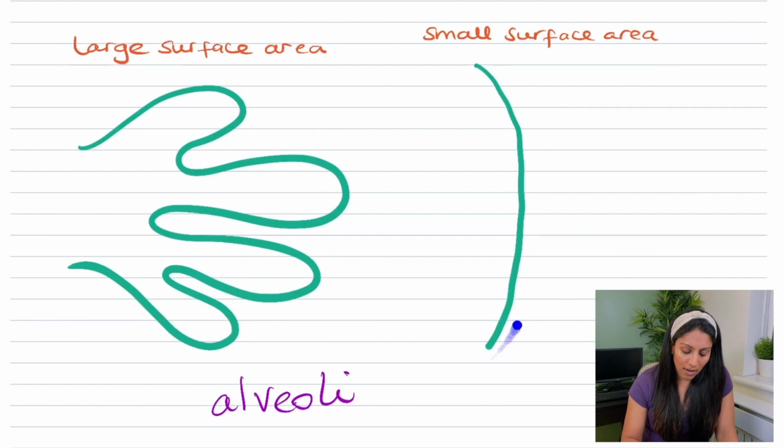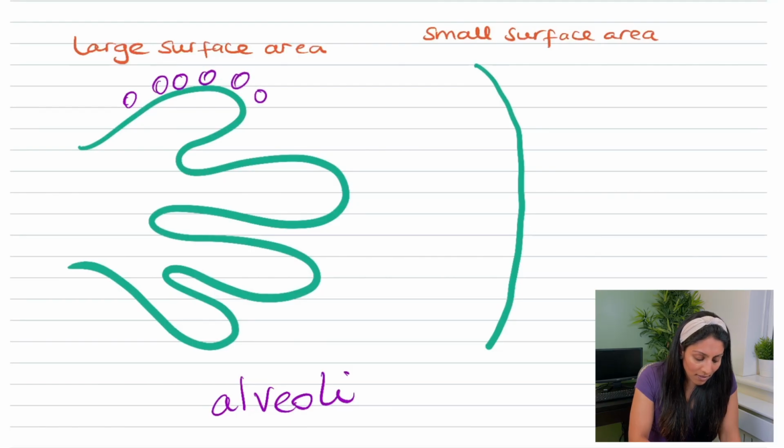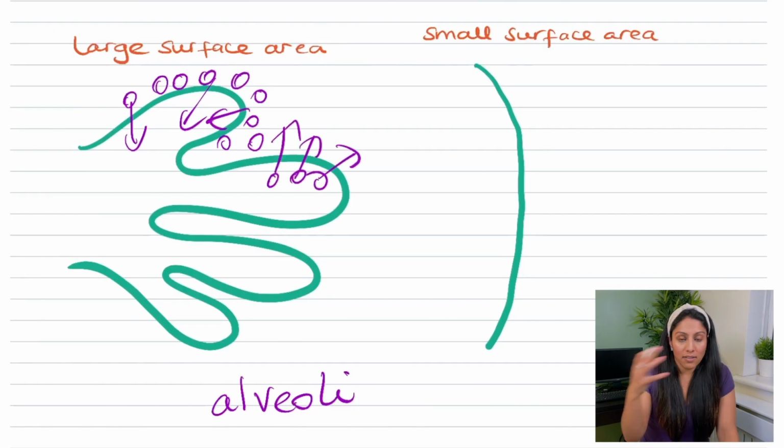Whereas this one, this lining of, let's say, the alveoli is not very efficient. It doesn't have any foldings. So how does it affect the speed of diffusion? Well, if you look from a particle point of view, there's loads of areas here where these particles can move into the alveoli or in fact leave the alveoli into its surrounding atmosphere or surrounding environment.